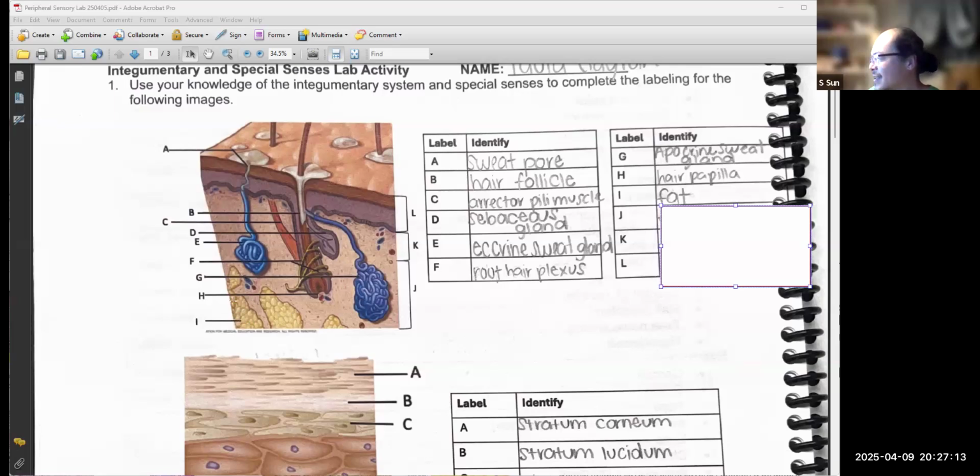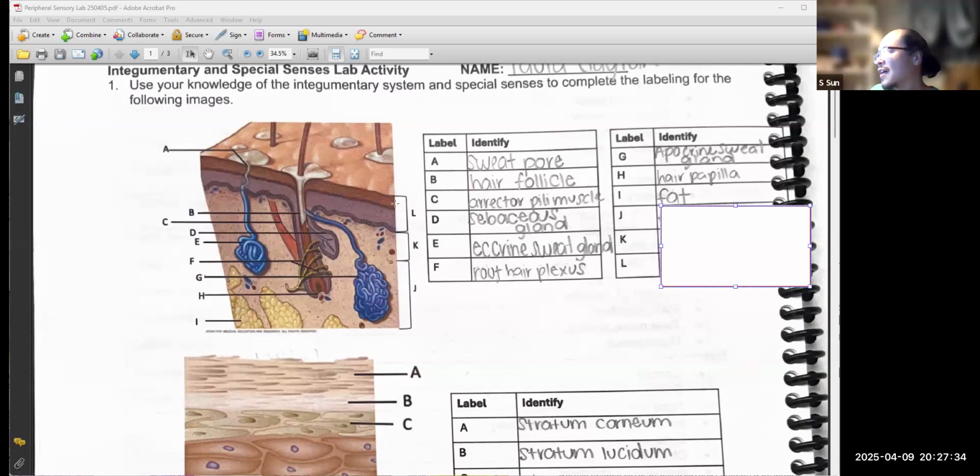I is fat, so this layer is the hypodermis. J and K are dermis. K is the papillary and J is reticular.